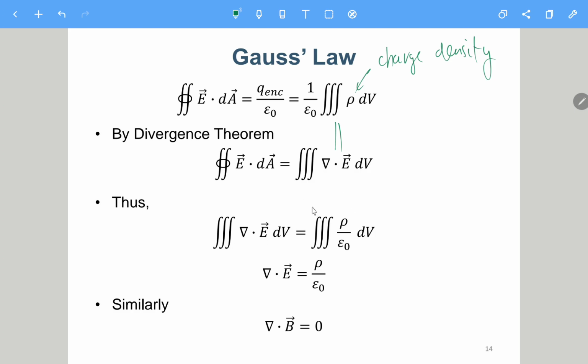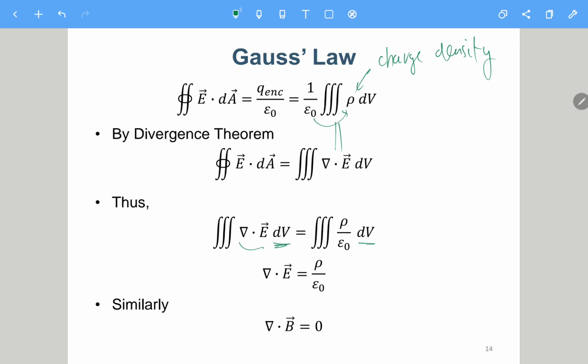So we can write it like this. This is a triple integral, and we put this one inside, so it turns out to be rho over epsilon naught. And this triple integral is true for arbitrary volume.